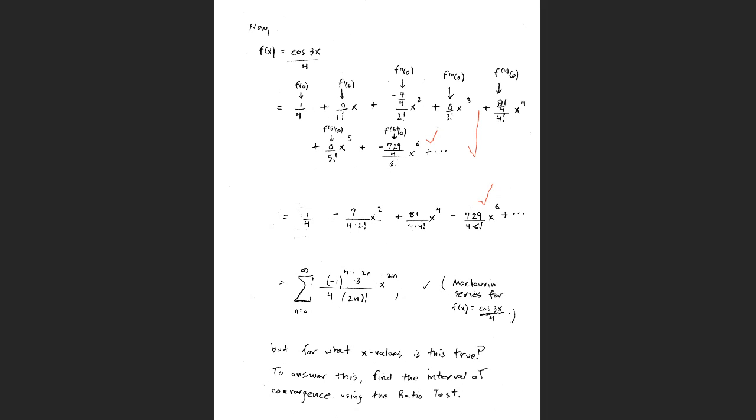It turns out this here is going to be the power series for our function cosine of 3x over 4. And in fact, it's going to be for all real numbers. The interval of convergence can be shown to be equal to all real numbers. I'll show that in a minute.